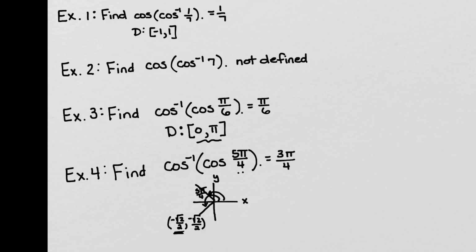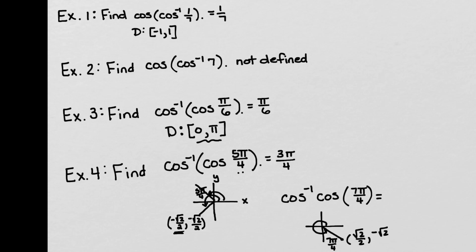Now let's take a look at cosine inverse of the cosine of 7 pi over 4. This is a somewhat similar problem. Here we have 7 pi over 4 in quadrant 4, and here I know that the cosine comes out to be positive. It's square root of 2 over 2, and the sine is negative square root of 2 over 2.